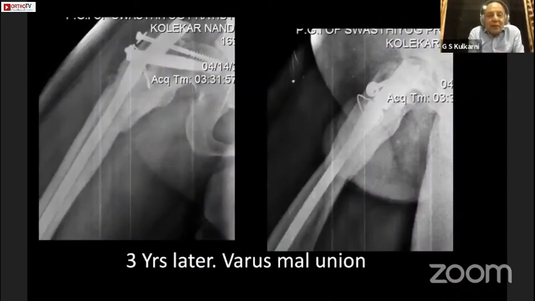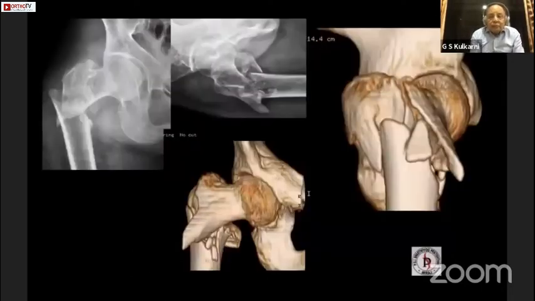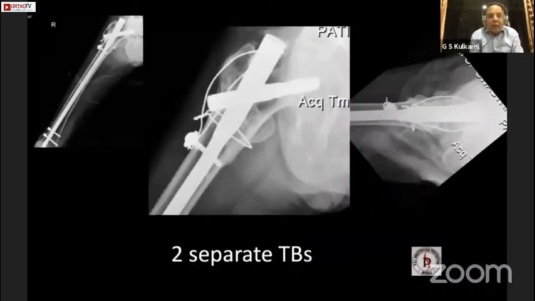However, in 3 years after coaxing with many phone calls, he came back, and to our surprise, the fracture is united, but in a slight varus union. These are other examples of shattered lateral wall. This was again treated with cerclage wires and tension band, and this worked very well.